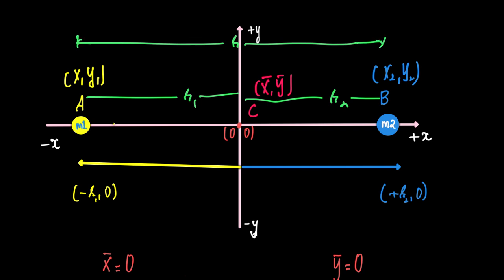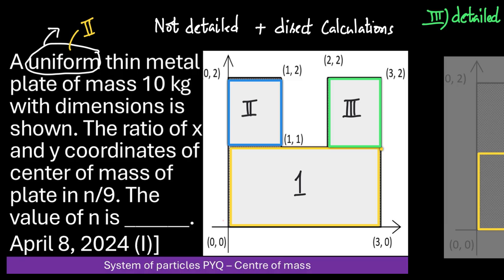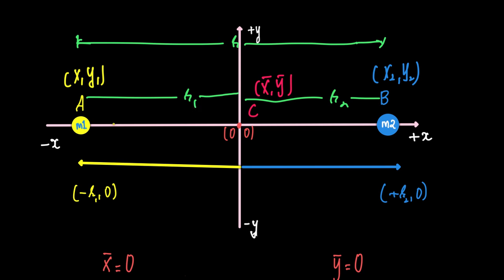Let's see that one more time. Distance between A and B, or in other words, distance between masses m1 and m2 is r. Distance between m1 and the center of mass, A and C, is r1. Distance between center of mass C and m2, that is C and B, is r2.